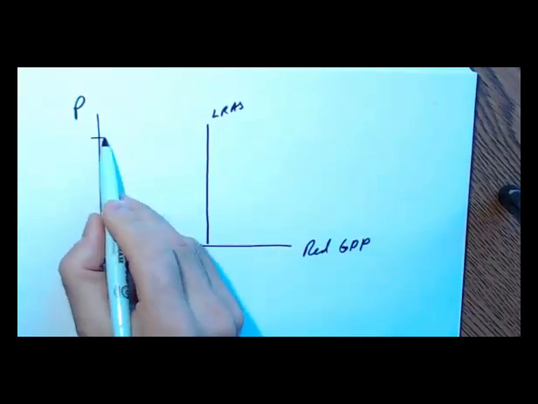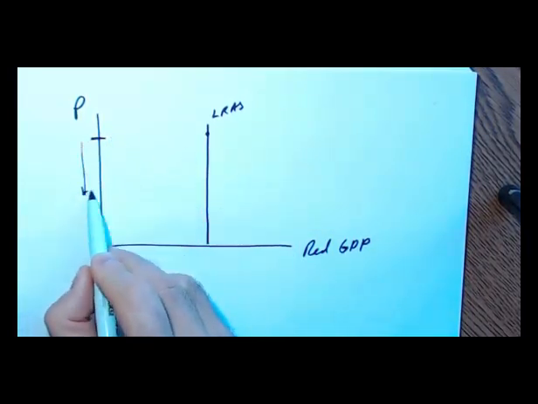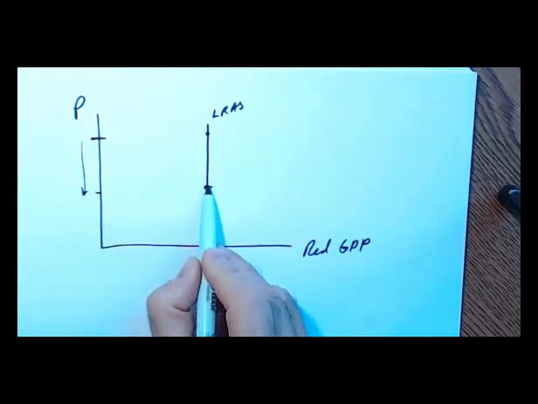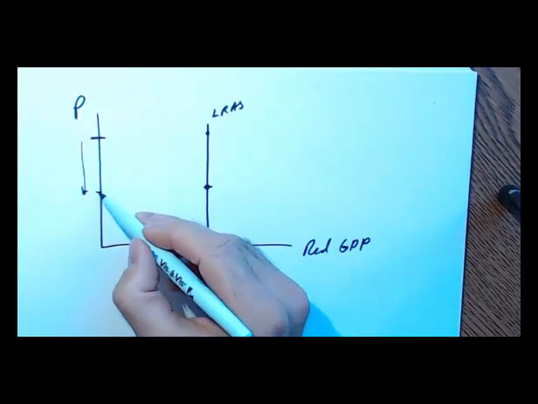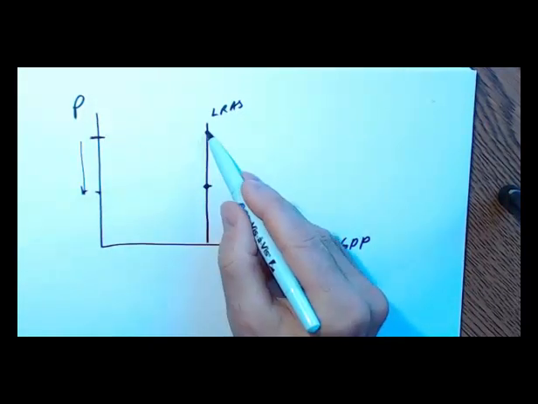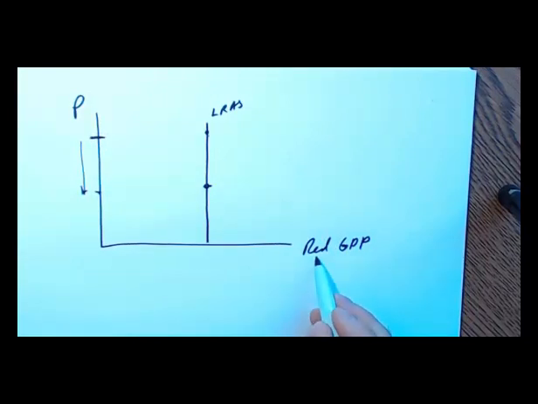When prices change and they drop, say, you end up at a new point here, with no change in output. If you start at this point and prices go up, you're staying right at the same GDP level. How could that be?